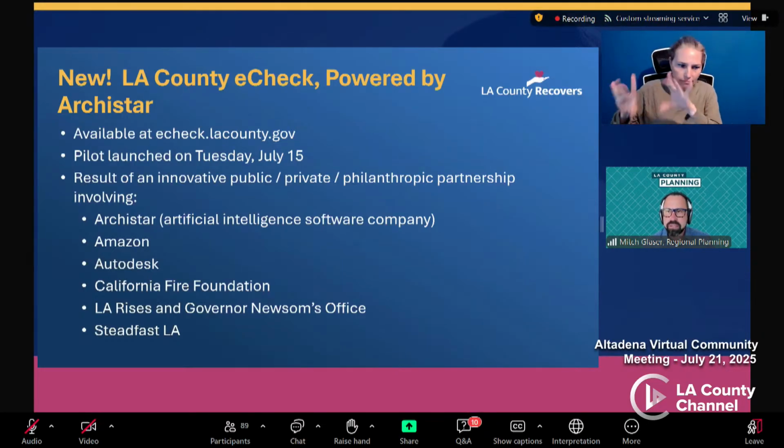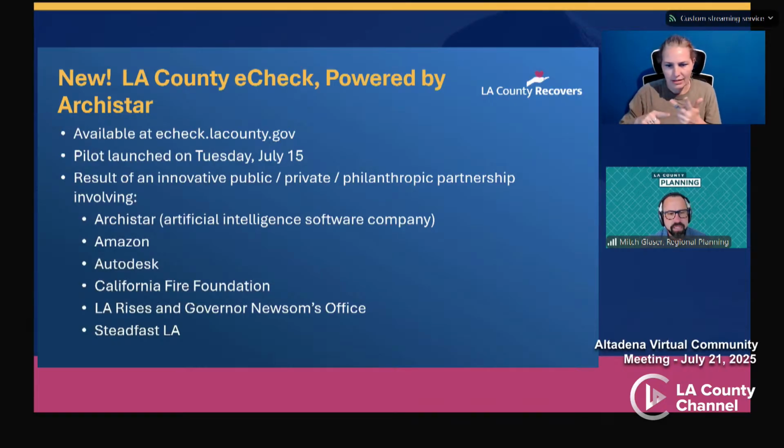Amazon and Autodesk are two other tech companies that are involved. We also received funding from the California Fire Foundation, LA Rises, which is a nonprofit that was established by Governor Newsom. The governor's office is also directly involved, and Steadfast LA, the nonprofit organization, is involved as well.